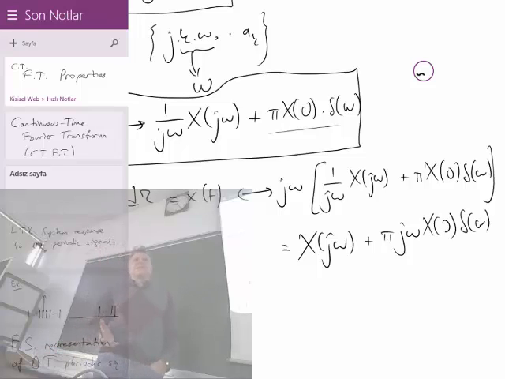Now what is this thing? What's the value of it? Any suggestions? It must be 0, by the way, because otherwise it won't be the inverse operation. It must be 0 to leave X of j omega only.